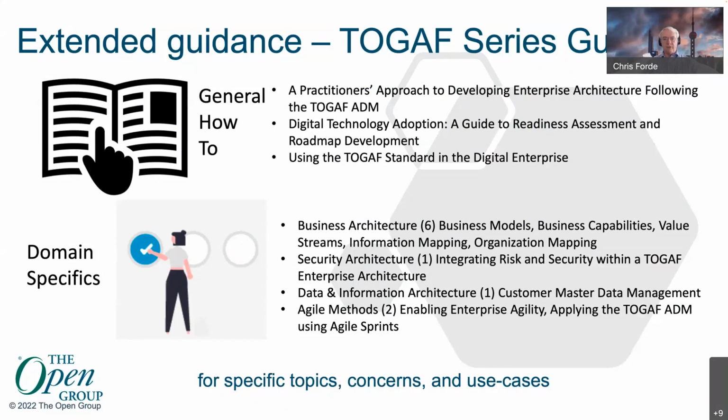Some domain specifics revolve around BA, security architectures, data and information architecture, and agile methods. So reversing that list, enabling EA agility, applying the TOGAF ADM using sprints, customer master data management and information architecture, integrating risk and security with the TOGAF EA, and then models, capabilities, value streams, information mapping, and organization mapping in the business architecture space.